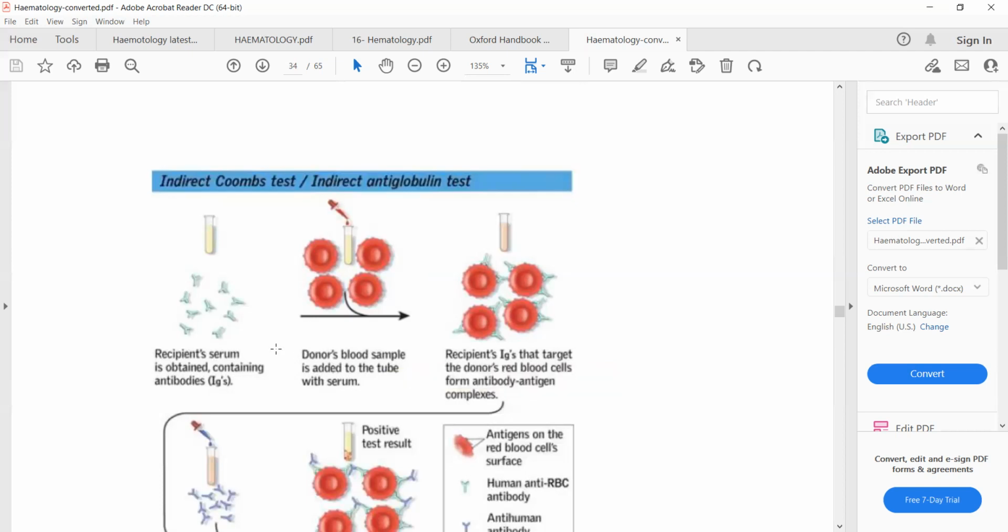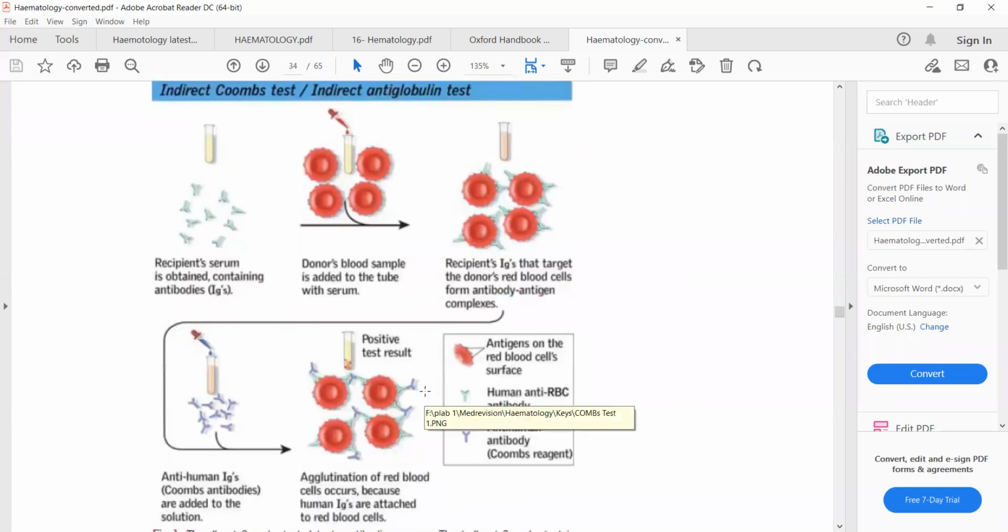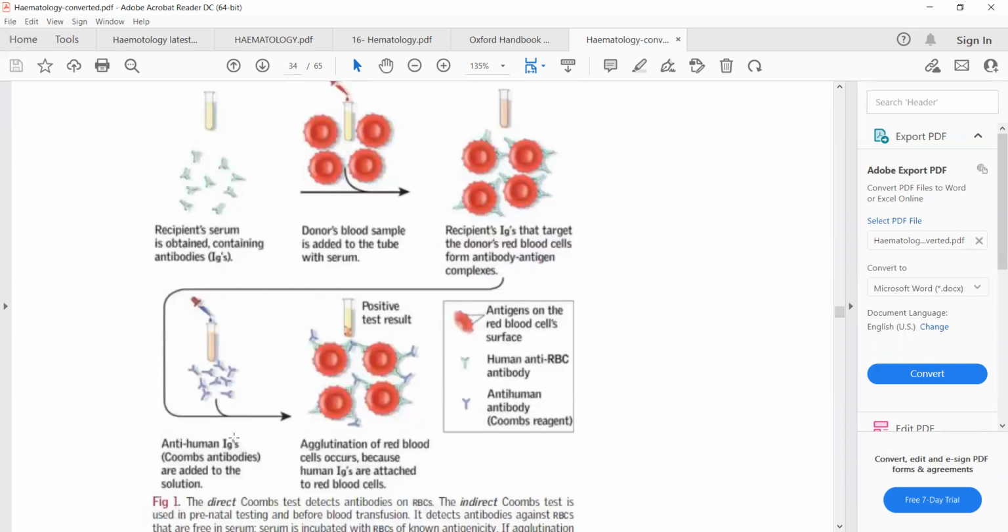And if there's a mismatch, what will happen? For example, if the donor's blood group is A and the recipient's blood group is B, there will be anti-A antibodies and they will target the red blood cells of the donor. Now, in the second step of this indirect Coombs test, we add Coombs antibodies, and these Coombs antibodies will clump the RBCs, causing agglutination of the RBCs.